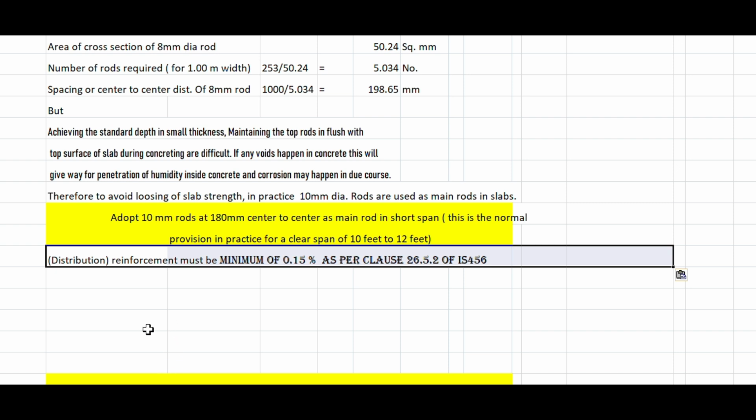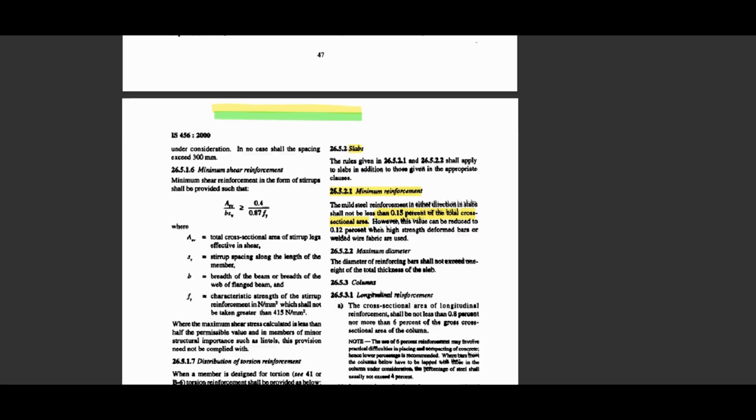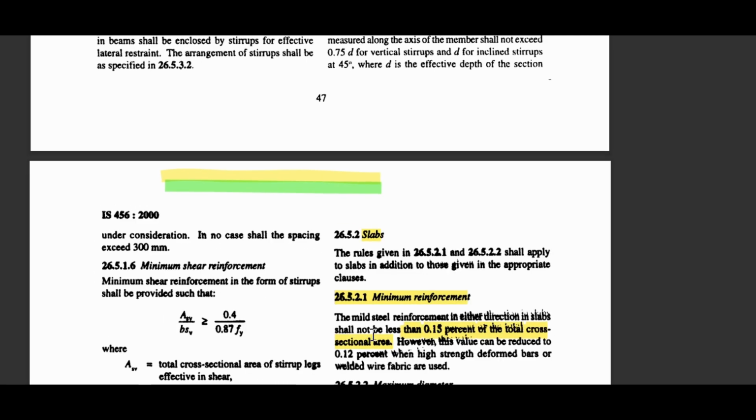Next, we are coming to distribution reinforcement. How to calculate the distribution reinforcement depends on two or three factors. The minimum reinforcement in a slab should be 0.15% as per clause 26.5.2.1 of IS 456. Here, in IS 456 page 26, minimum reinforcement is given: see here, the mild steel reinforcement in either direction in a slab should not be less than 0.15% of the total cross-sectional area.